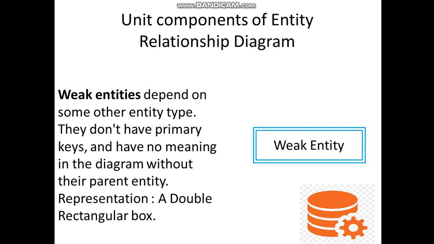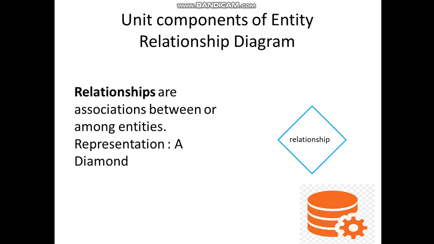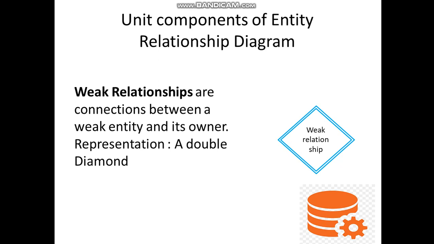It is represented by double rectangular box. Next is relationship. Relationships are association between or among entities. It is represented by diamond. Next is weak relationship. Weak relationships are connection between a weak entity and its owner, represented by double diamond.